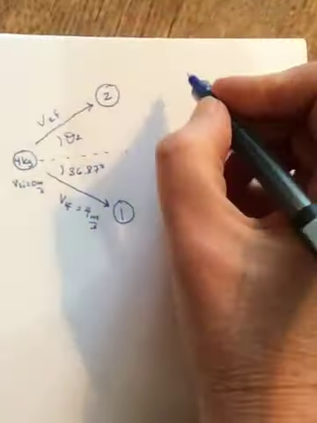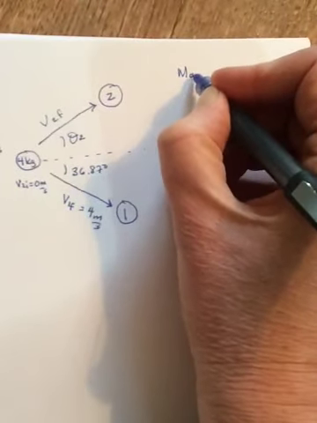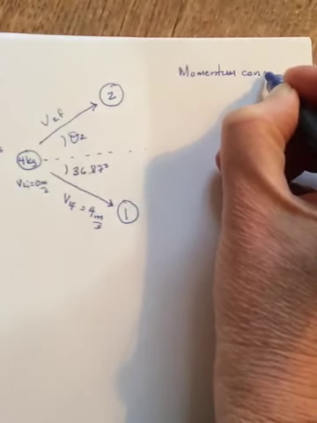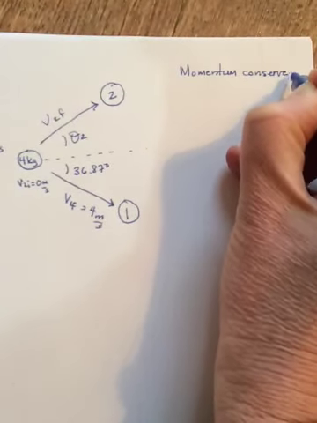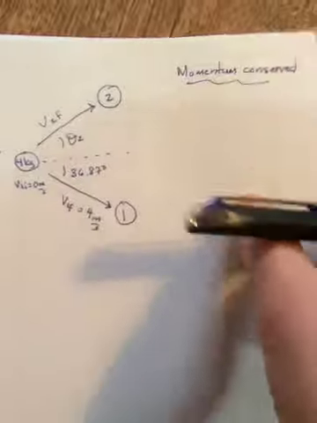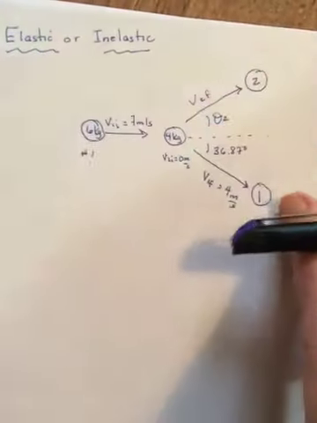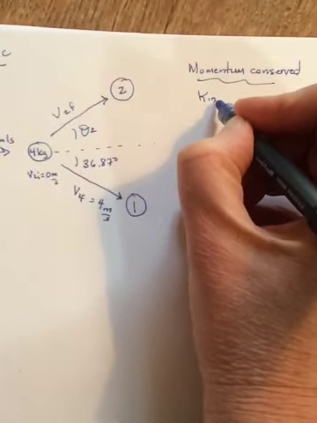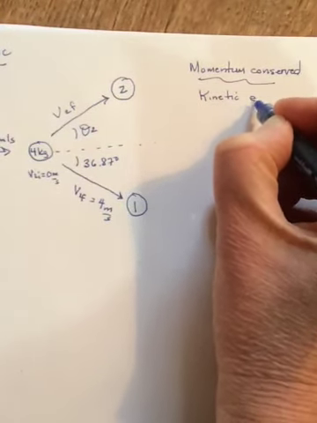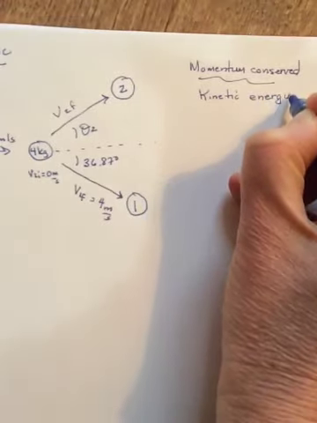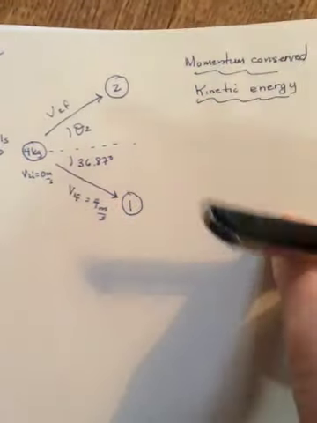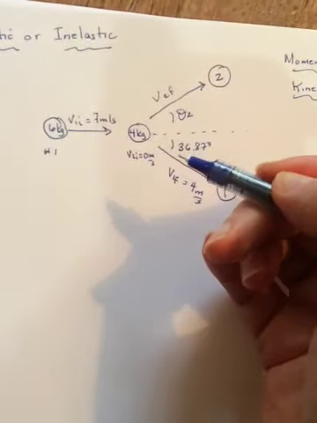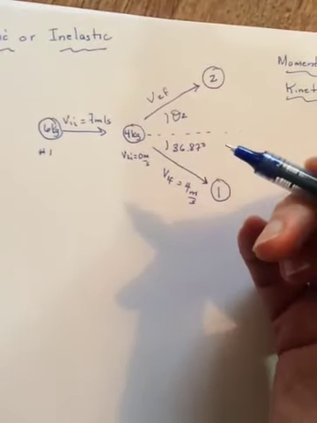Back in grade 11, we learned that momentum is always conserved. So both in elastic and inelastic collisions, momentum is conserved. That's a given. The one that isn't always conserved is kinetic energy. Sometimes kinetic energy can be lost to sound, to deforming the object, etc. And sometimes it can be conserved.